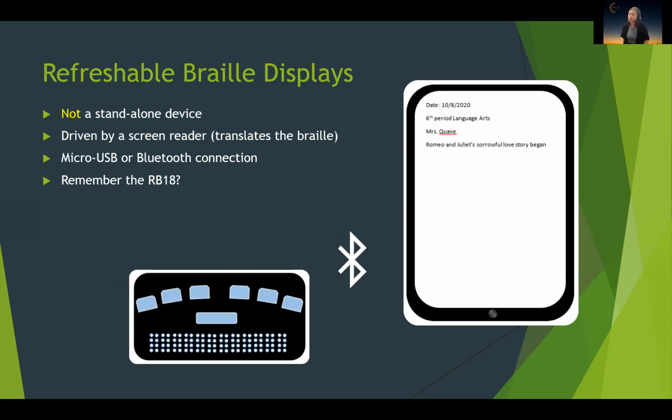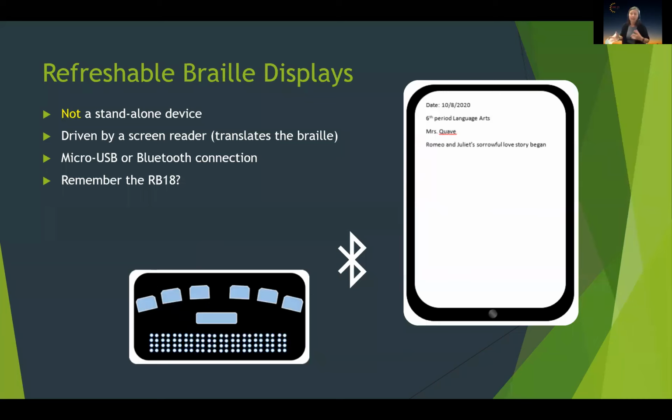All right, so refreshable Braille displays. Again, it is not a standalone device. I have a picture here on the screen with some icons of a cute little refreshable Braille display with a little Bluetooth symbol going to a tablet sort of device, and they need to be together to work. It could be a computer with JAWS or NVDA. It could be an Android tablet using TalkBack.